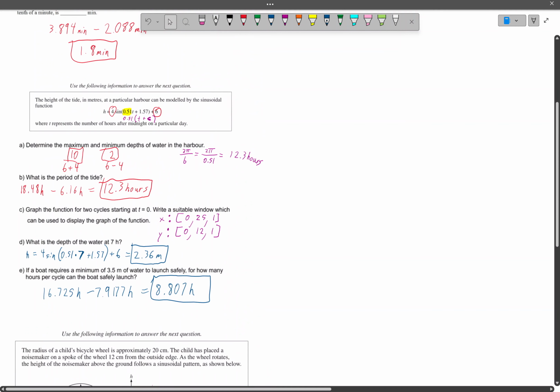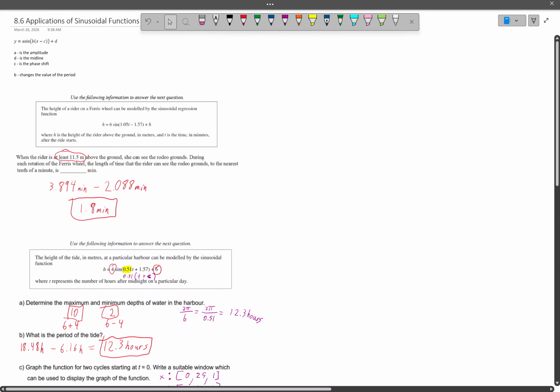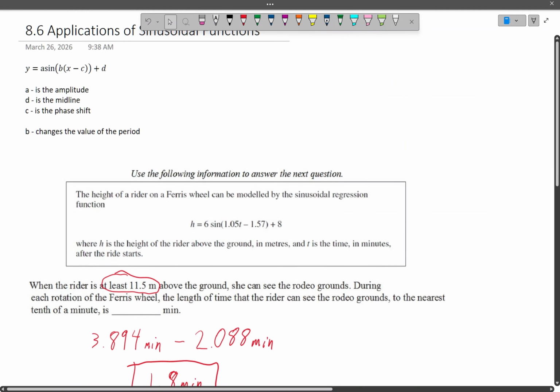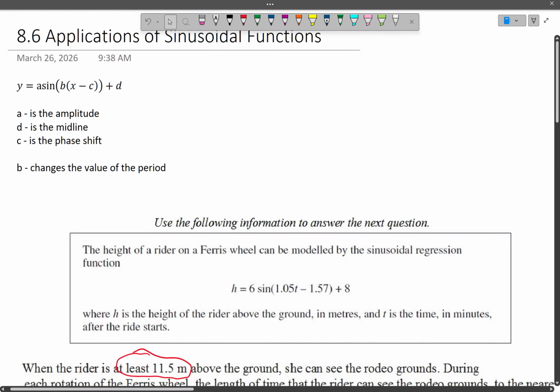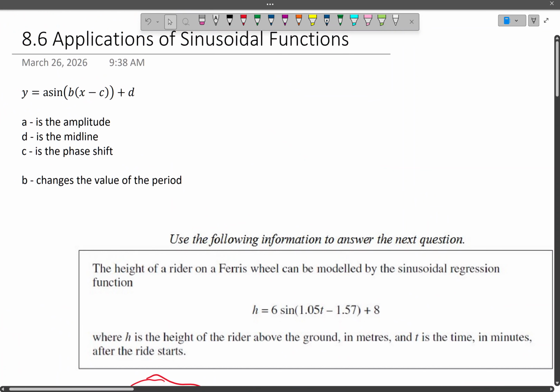So you could be given the details and be asked to find the graph. And then obviously if it's a written response, they could also ask you to graph based off the situation. So I hope that this video helped you better understand the application of sinusoidal functions, and good luck.